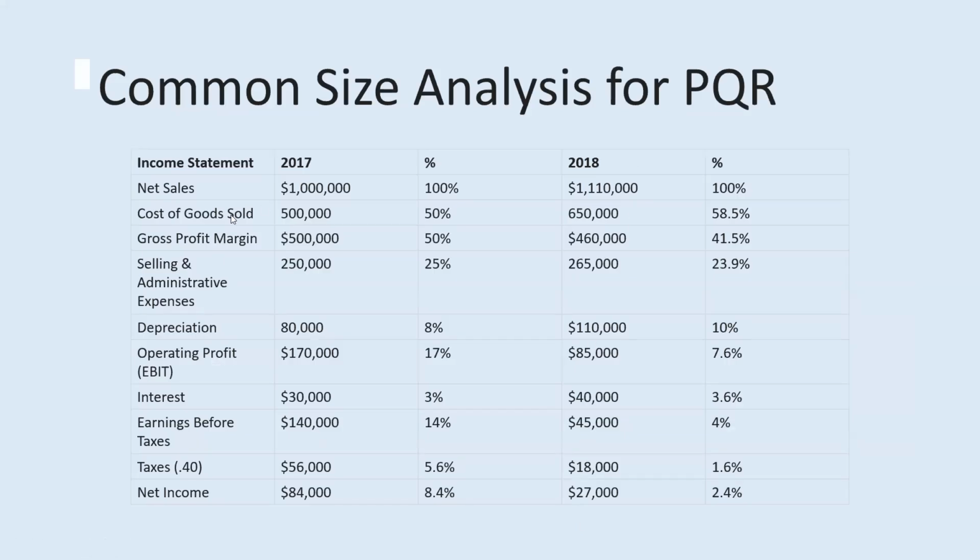So here you can see the net income, 1 million. Then cost of goods sold 5 lakhs. So in the common size income analysis, we take this 5 lakhs and divide it by the 1 million. So we get 50%.